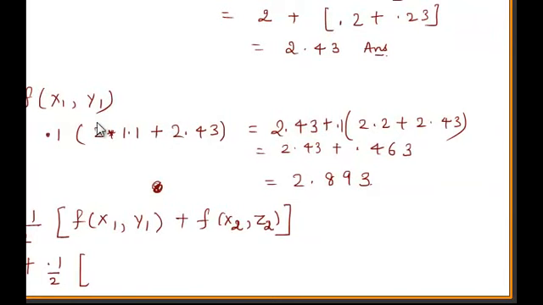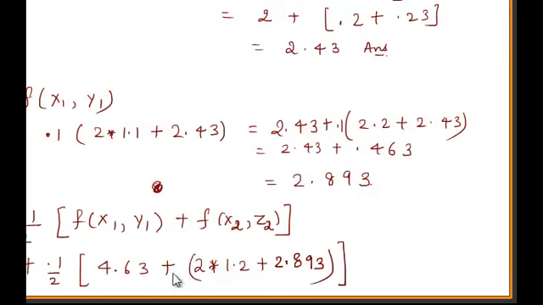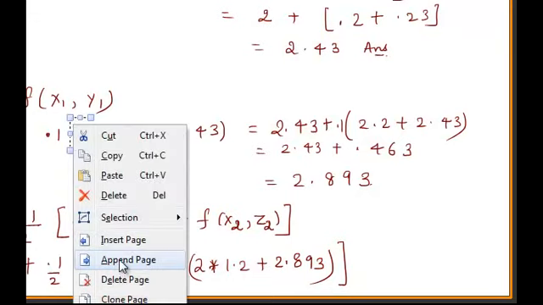We already computed it here, 2.2 plus 2.43, so therefore it turns out to be 4.63, plus f of x2 z2, which is 2 times x2, which was 1.2, plus z2, which is 2.893, and bracket close. Okay, so let's simplify this.